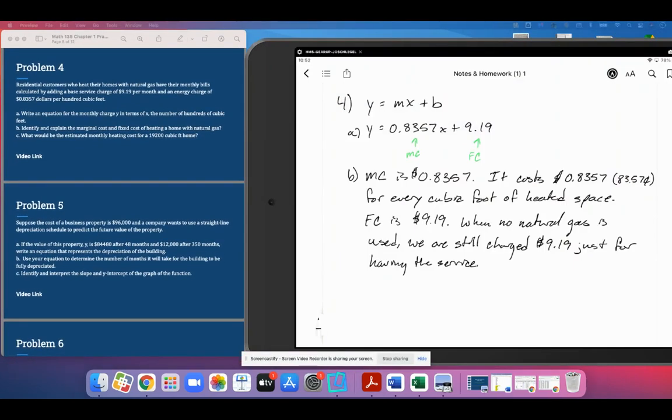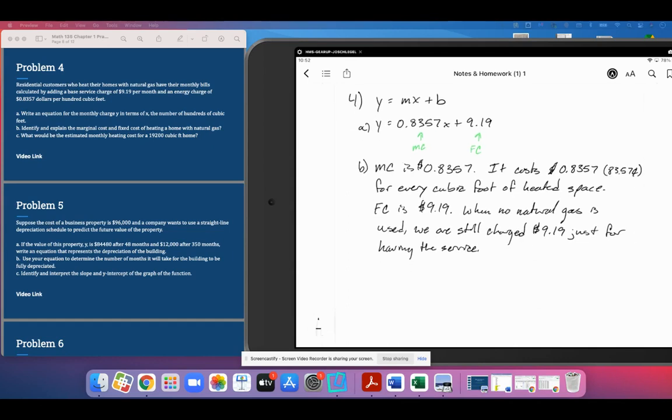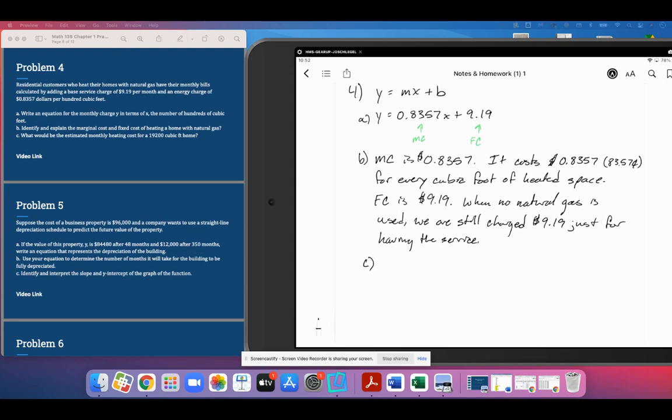So everyone, for part C, we are asked what would be the estimated monthly heating cost for a 19,200 cubic foot home. Now, one of the things here with this problem, it's a little bit hidden in the wording, but this equation that we have models the cost for the number of hundreds of cubic feet. So we are not going to use 19,200 in the equation.